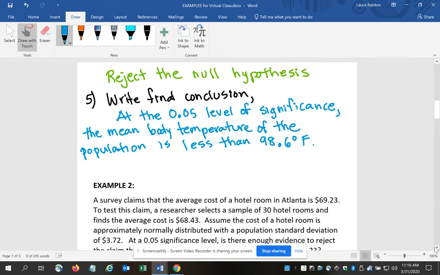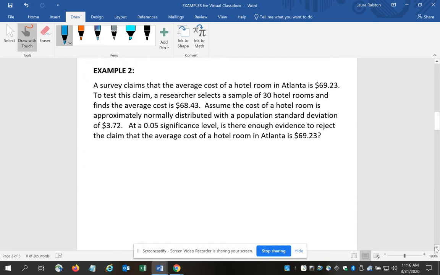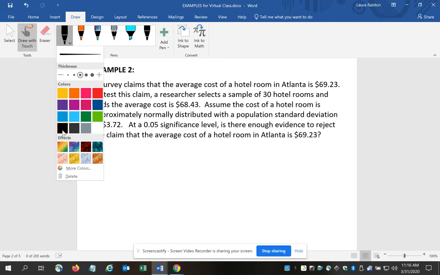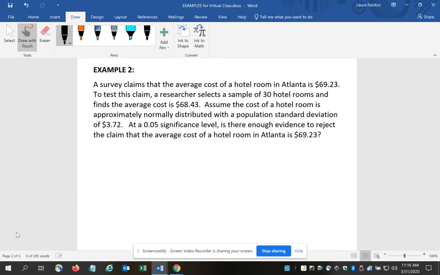All right, let's look at a second one. The second example says a survey claims that the average cost of a hotel room in Atlanta is $69.23. To test this claim, a researcher selects a sample of 30 hotel rooms and finds the average cost is $68.43.